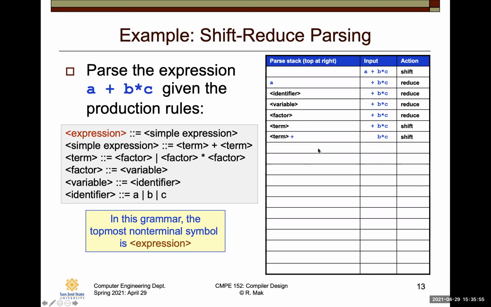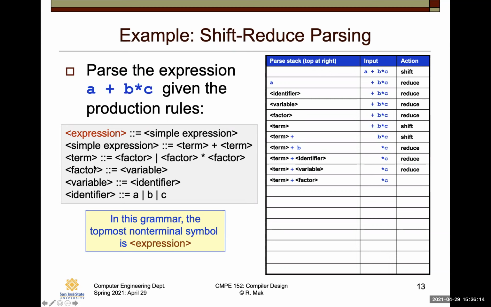Now on top of the stack we have term plus. Term plus doesn't match anything, so we do another shift. And now we have term plus B. Here we go again. B matches the right-hand side, so B is reduced to identifier. Identifier is reduced to variable. Variable is reduced to factor.